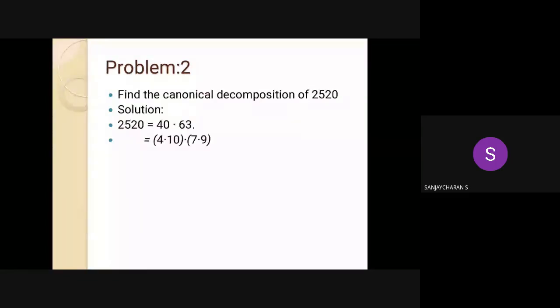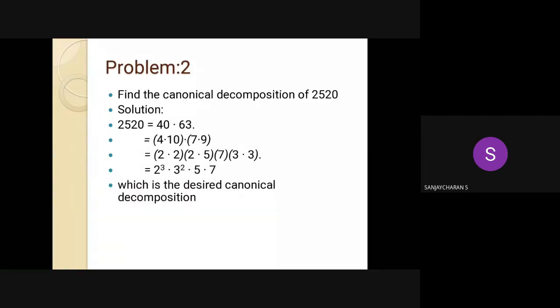After that, again I factor 40 as 4 into 10, and 63 as 7 into 9. Again I factor 4 as 2 into 2, 10 as 2 into 5, 7 as it is 7, and 9 as 3 into 3. Now rearrange it: 2 cube into 3 square into 5 into 7, which is the desired canonical decomposition.